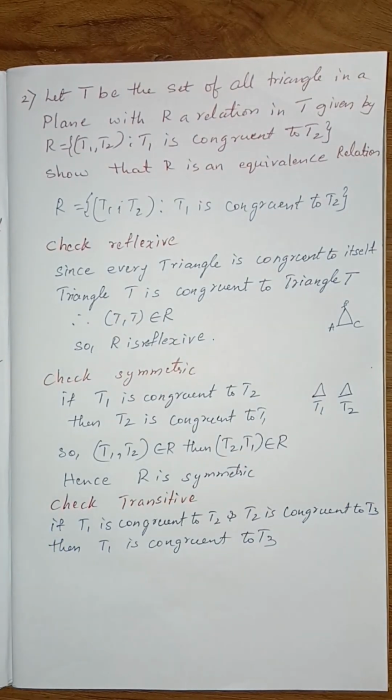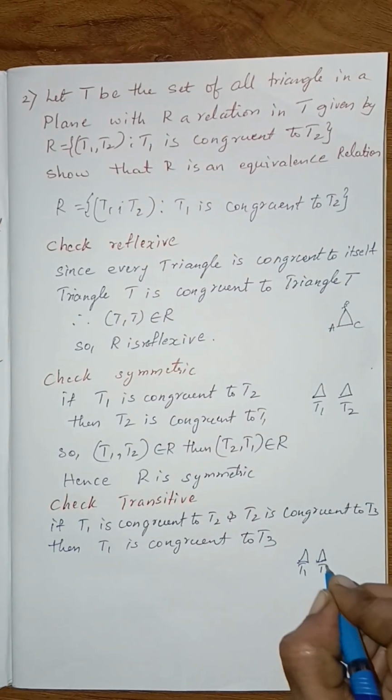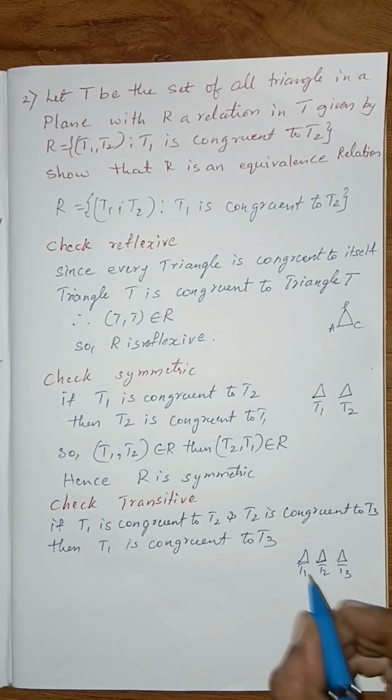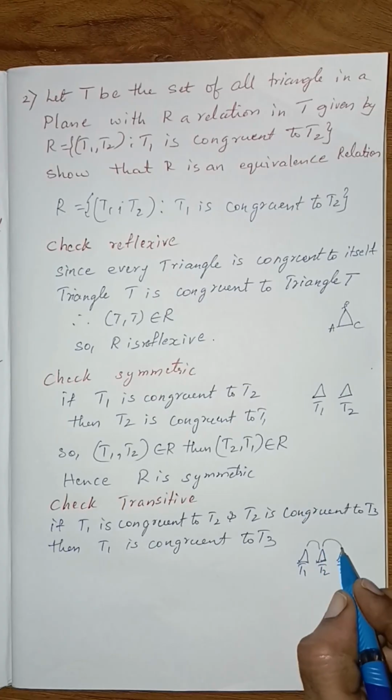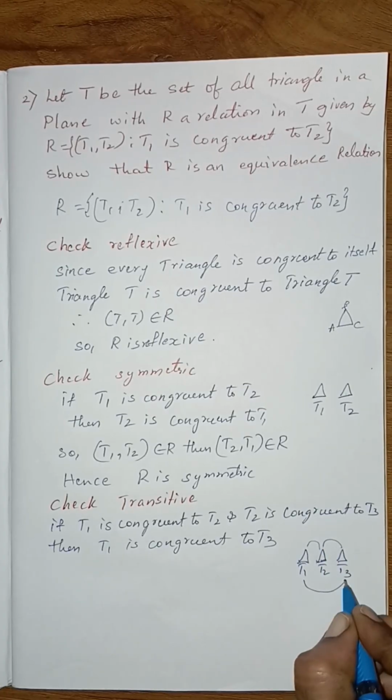So we know that if T1 is a triangle congruent to T2, then T2 is congruent to T3. So T1 is congruent to T2 and T2 is congruent to T3. Then this is common. So obviously T1 will be congruent to T2.